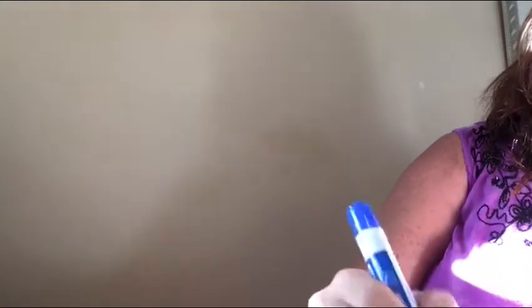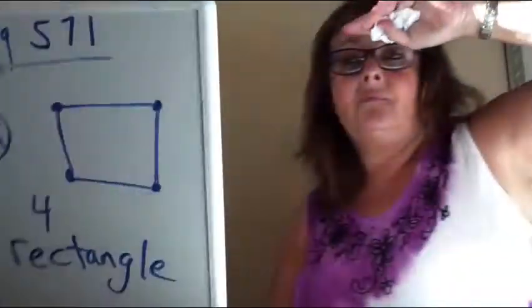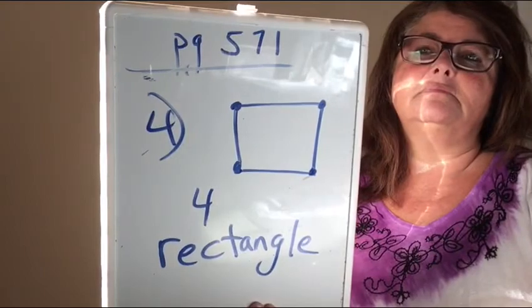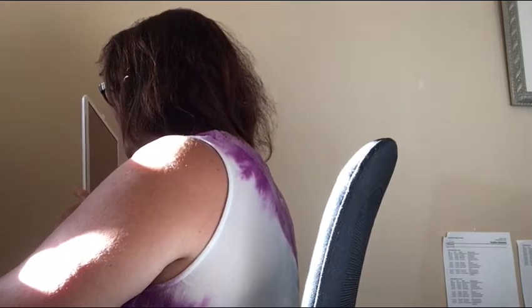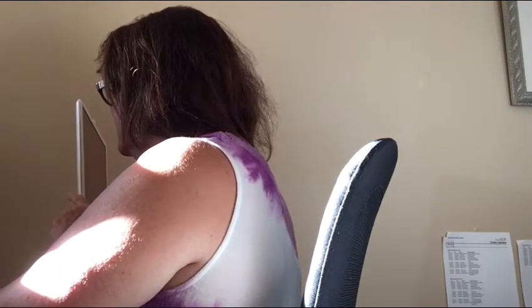It's got 4 vertices, 4 angles, 4 sides, and we are calling it a rectangle. This polygon is a rectangle.